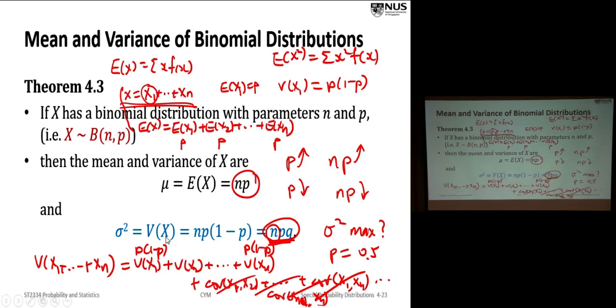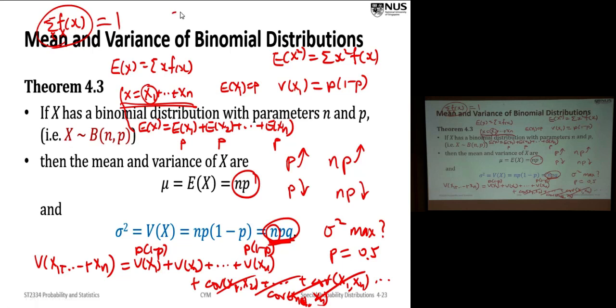And one more thing, just in case you want to do some algebra on this part. You remember one of the properties: what is the sum of all the probability function? Equal to what? 1.